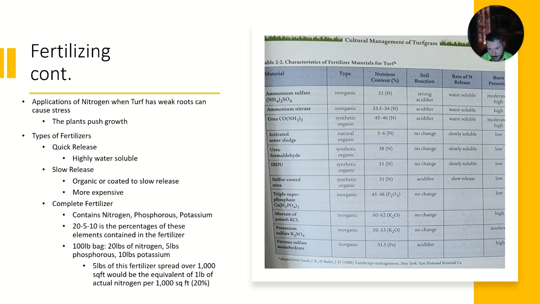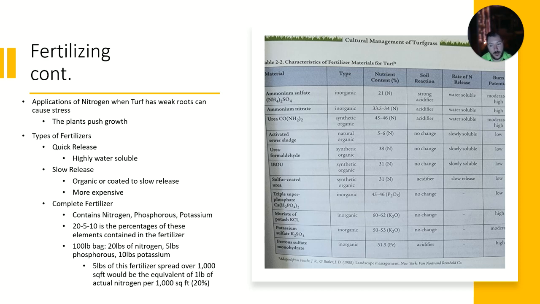Slow release, though, is either organic or it's coated to be slow release. Now they have fertilizers that are coated so that it's releasing very, very slowly, and it does produce really good results. Organic or coated and slow release is more expensive, but again, you're going to have better results. So is it worth the money? You've got to make that call for yourself, right?